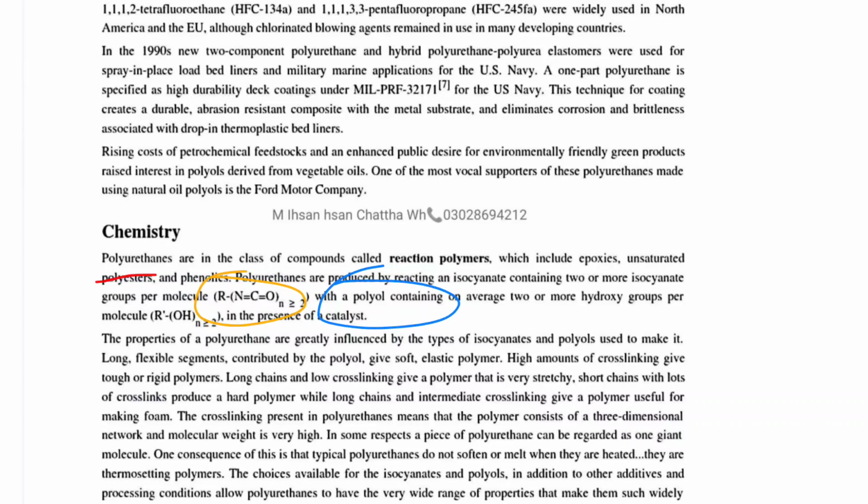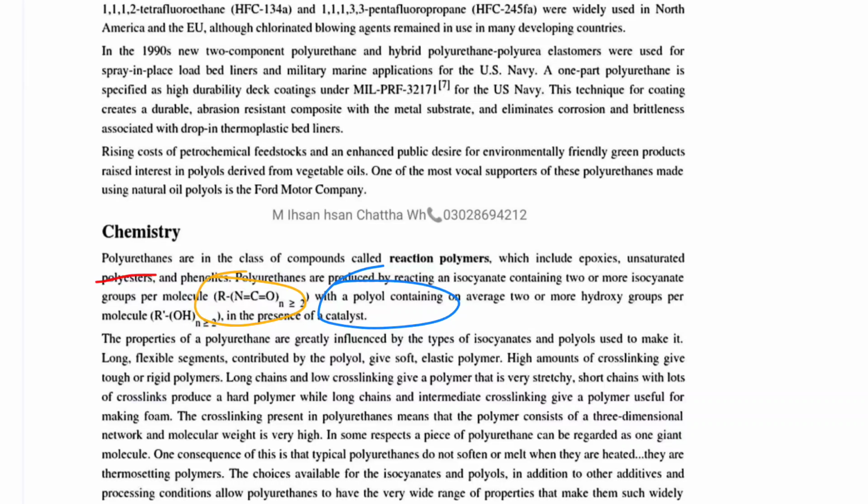Long, flexible segments in the polyol give soft, elastic polymer; a high amount of cross-linking gives tough and rigid polymer. Long chain, low cross-linking gives polymer that is very sticky. Short chain, a lot of cross-linking produces hard polymer, and long chain with intermediate cross-linking gives polymer useful for foam.